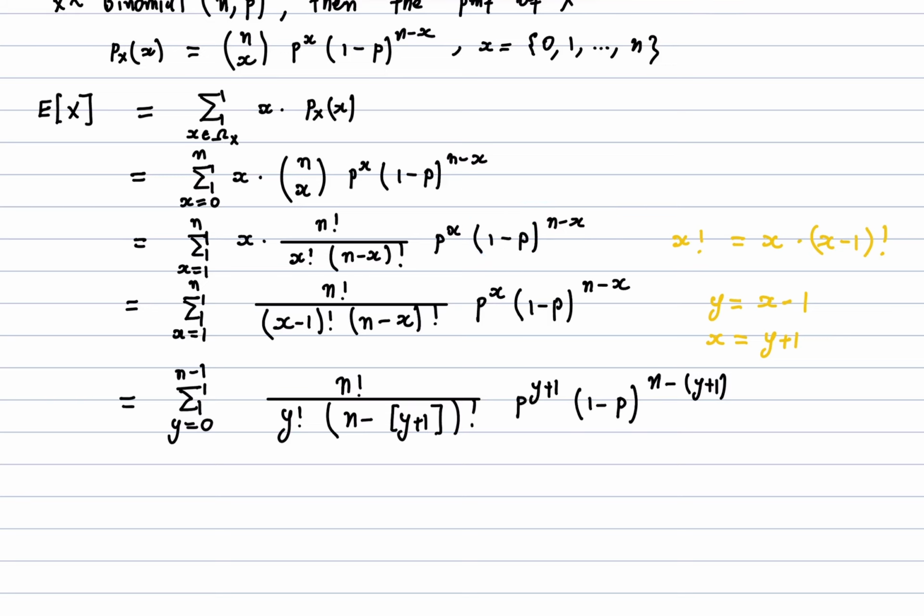You can see here a p to the x. There's something equivalent here of a p to the y, but we've still got this plus 1 out the front. So what I'm going to do there is take a p out the front of the expression to leave me with p to the y.